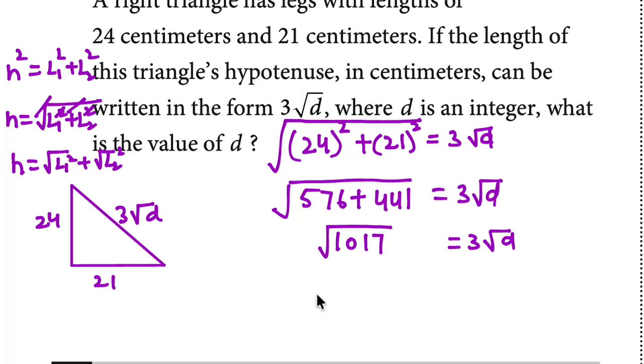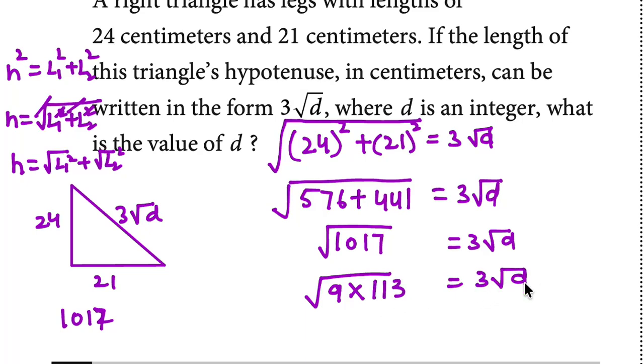I know that if I need to take this 3 out, there should be 9 inside, right? That is a smart step. If I ask you to solve this, you will prime factorize it and try to use the exponents. But again, here we can save time, because I know 3 has to be outside. So inside I'll just do 9, and 9 times 113 is 1017.